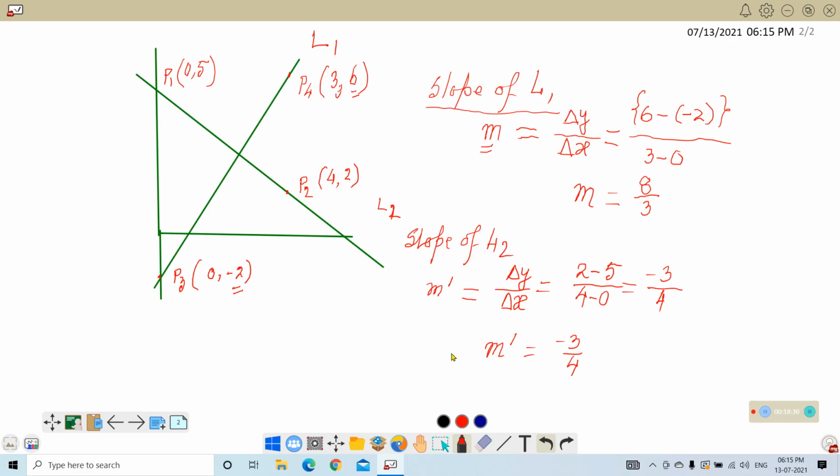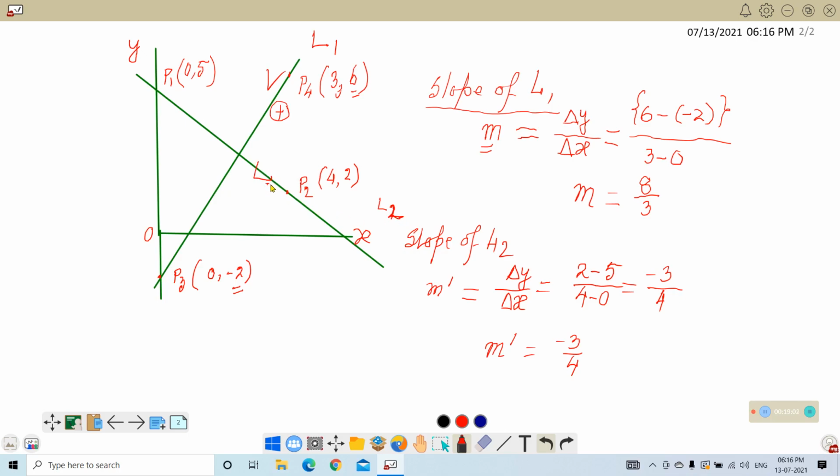Now you must watch the pattern of the line in this coordinate system. This is x-axis, this is origin, this is y-axis. The slope of this straight line L1 is positive, and the slope of this straight line L2, actually it was mistakenly written L1.